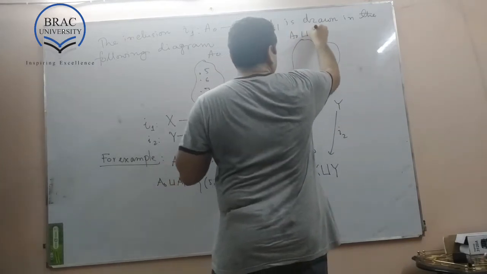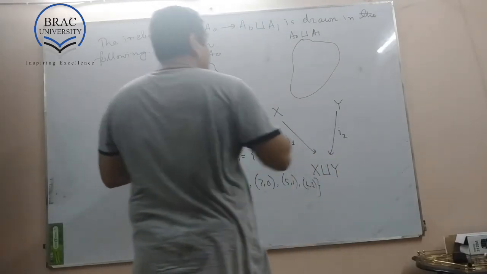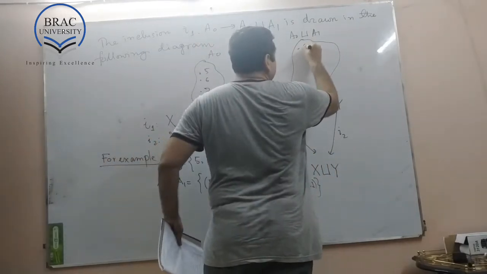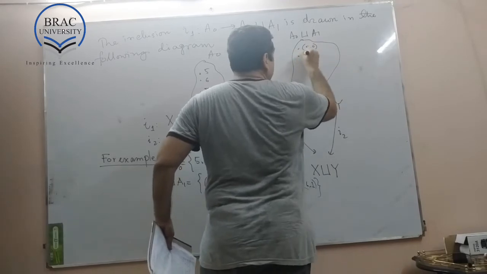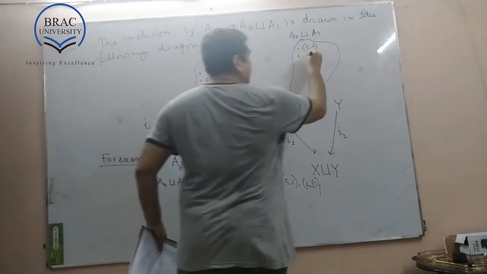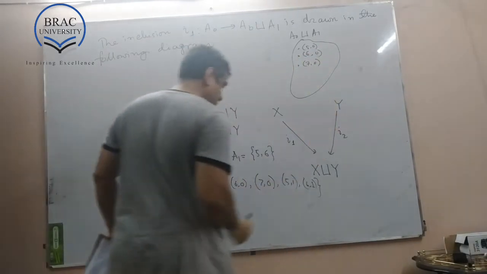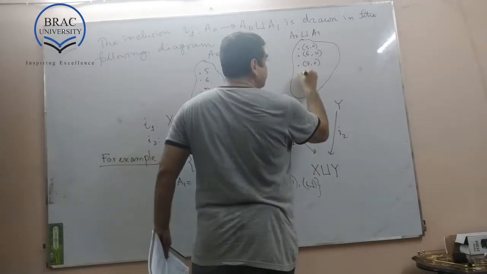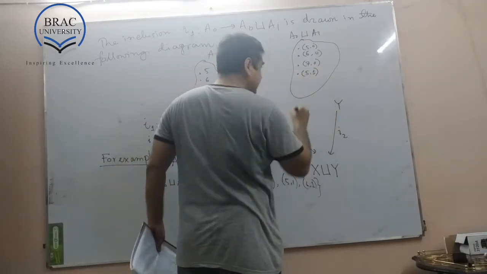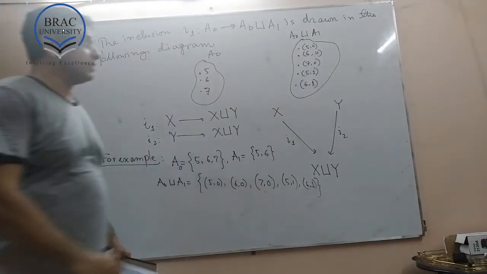A0 disjoint union A1 is the following 5 element set: (5,0), (6,0), (7,0), (5,1), and (6,1).